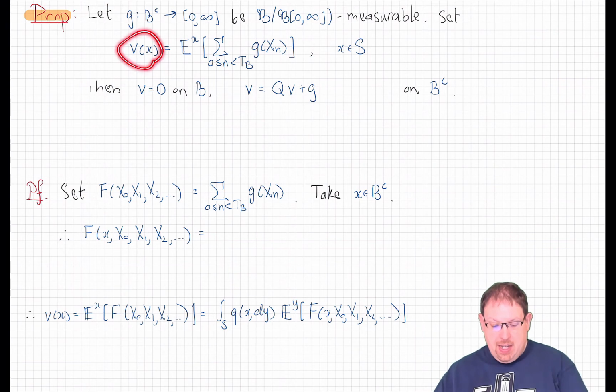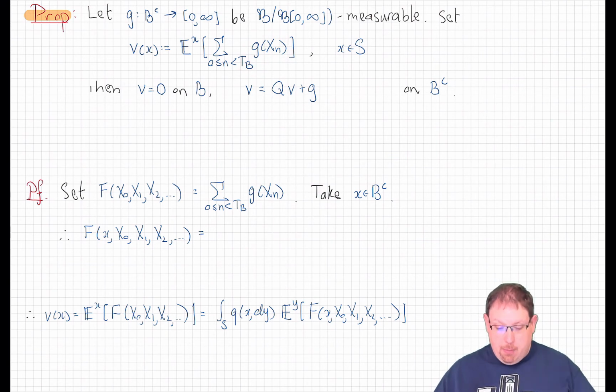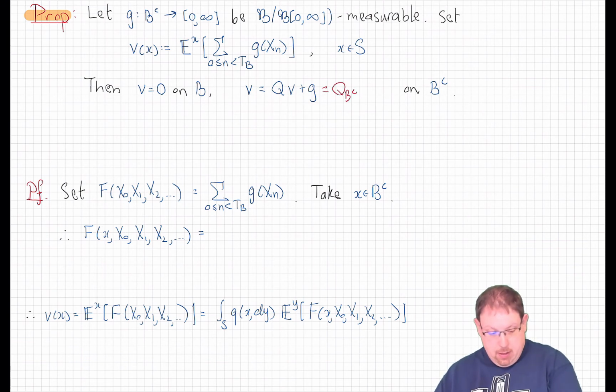And if we define v at x to be the expected value starting in x of the sum of g of x_n, where n ranges up to but not including T_B, we stop when we reach B, then v is just the zero function on B, because this is an empty sum if x is in B. And if we start at a point x in B complement, then v solves this recursion: v is Qv plus g, which we could also write, because we're starting in B complement, as Q restricted to B complement of v plus g.